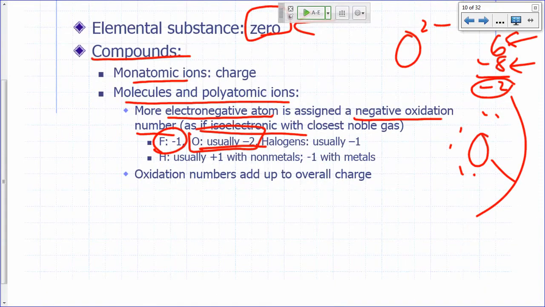What's one exception? If it's combining with fluorine, right? Oxygen versus fluorine, fluorine wins. So OF2, for example. What's the oxidation number of oxygen in OF2?